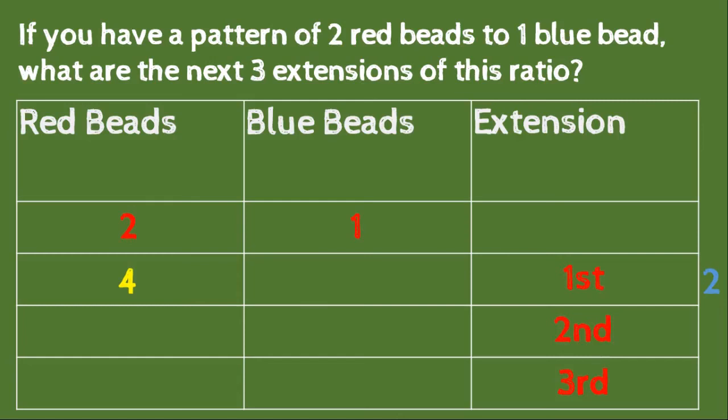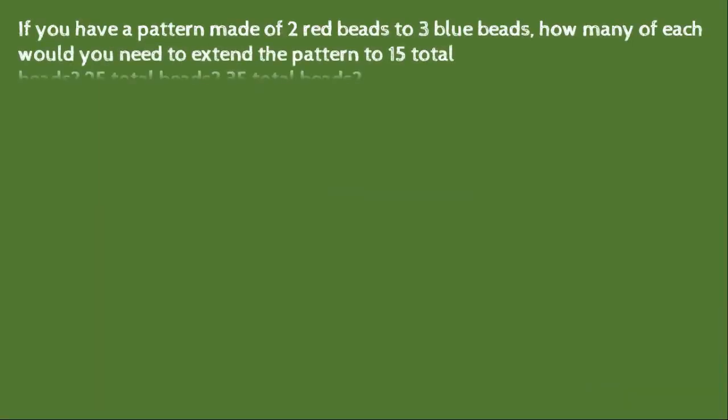Similarly, because we're in the same row, 1 times 2 equals 2, and we are finished with our first extension. We continue for the next 2 extensions the same way, just multiplying by 1 number more. So 2 times 3 equals 6, 1 times 3 equals 3, 2 times 4 equals 8, and 1 times 4 equals 4.